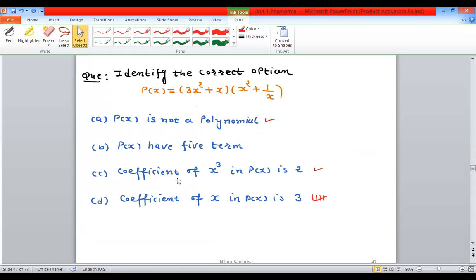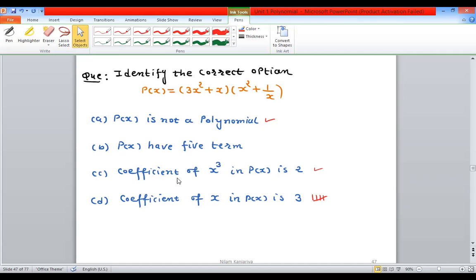This is two terms connected with multiplication. So first of all, you can open it and simplify it. And after simplification, if you have any power which is not a non-negative integer, then you can say it is not a polynomial. First of all, don't just look and give the answer.